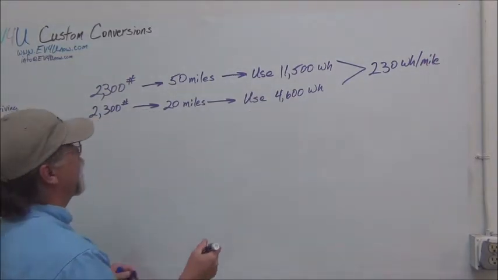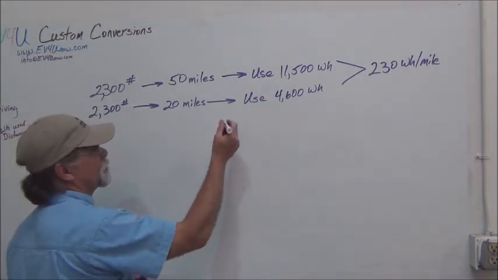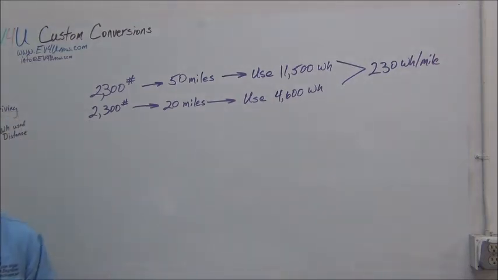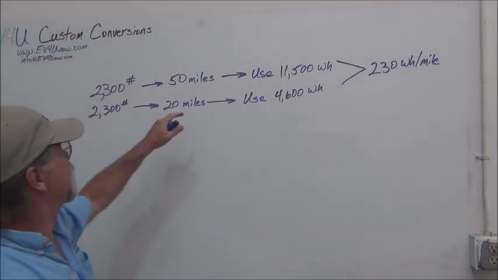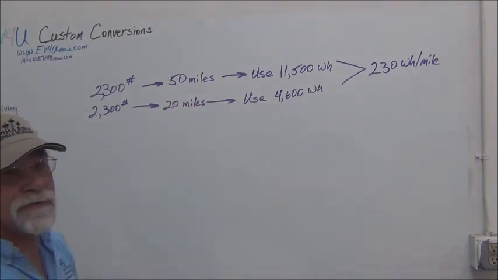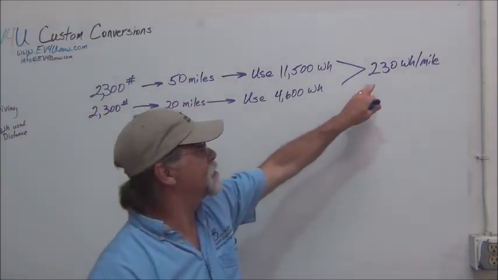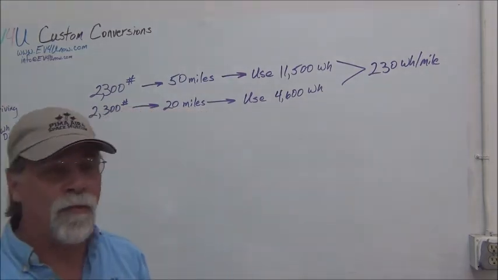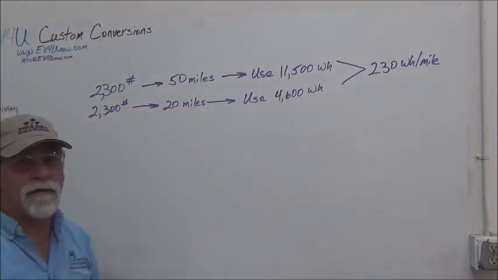So you see how I did that? Just simple taking the watt hours used divided by the miles traveled gives us the watt hours per mile.